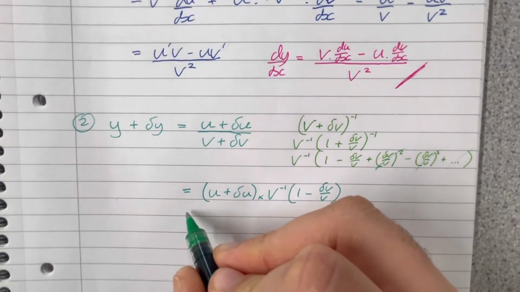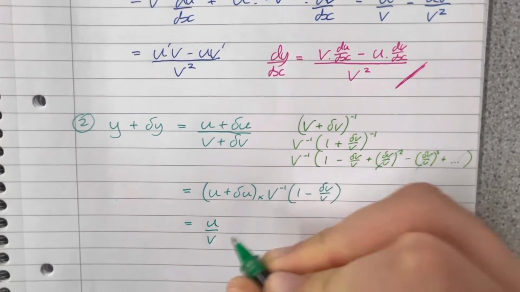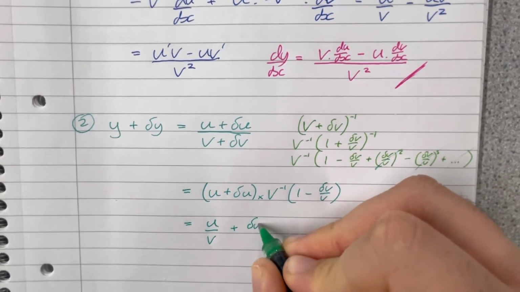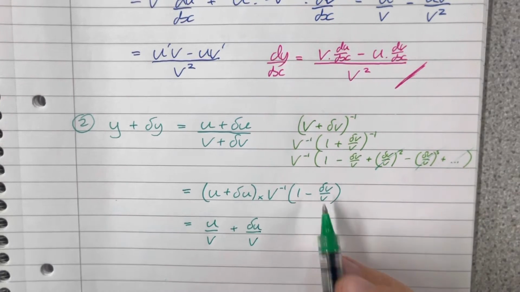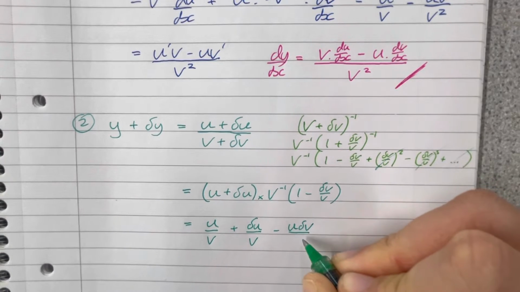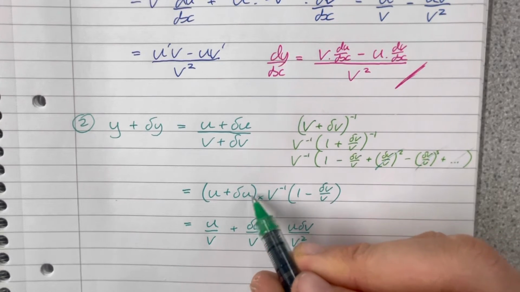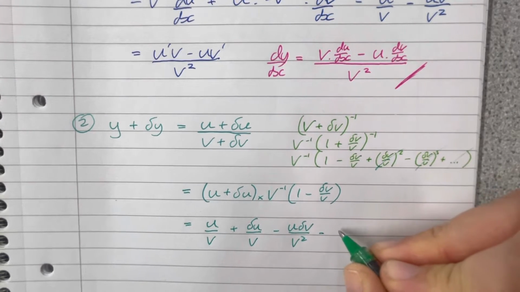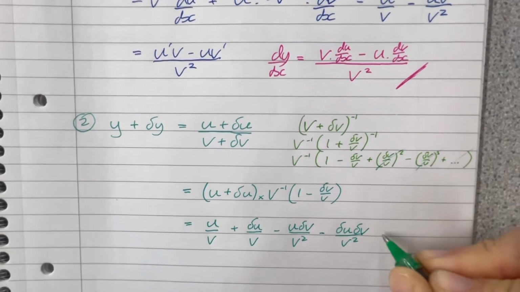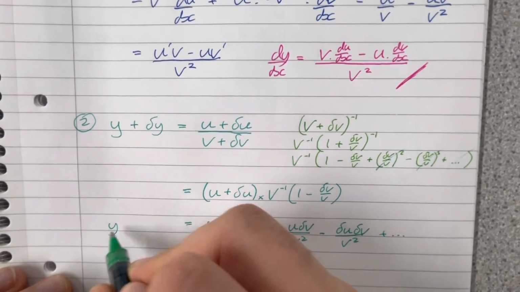Now I'll multiply out that bracket. I'm going to get u times v to the minus 1, so that's u divided by v, plus delta u divided by v, minus u delta v divided by v squared, because I've got that times that, and then I've also got the delta u delta v term there, so that's delta u delta v over v squared, and there'd be more terms which I'm ignoring, but that's what y plus delta y equals.